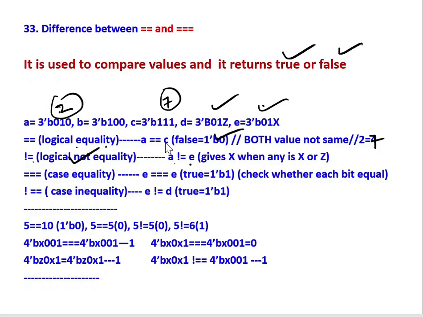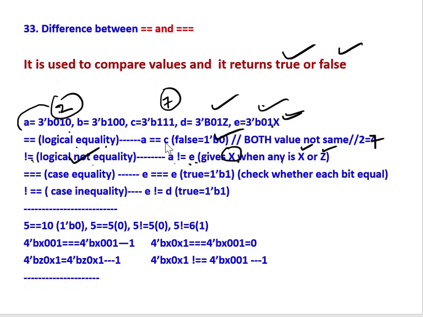A not equal to e, a is this one, 0102, and e equal to something unknown here, x. Because this is an unknown value, it gives x, unknown. So when any operand is unknown or a high impedance value, the logical not equality will give you x, unknown.